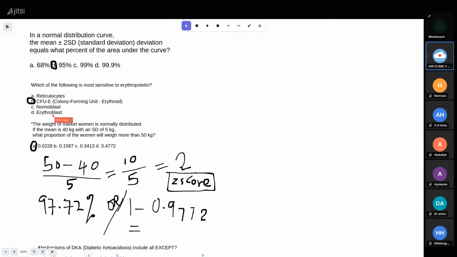Blood leaves through the aorta, majorly from the left ventricle, towards the body. So the afterload is that pressure in the aorta. If there is systemic hypertension, you are going to have a high afterload.